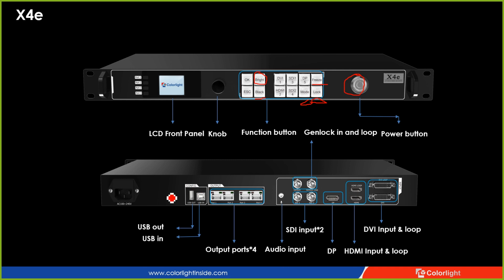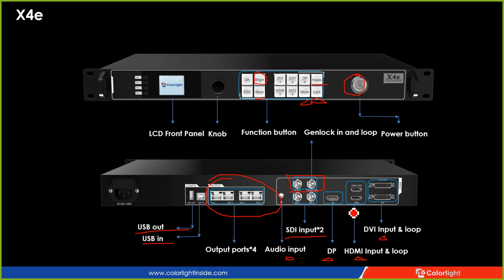And on the back side of the X4E, we see the USB out and USB in, the same function as on the X4S, and 4 output ports. And we added the audio input on the X4E. These two are the Genlock and the Genlock loop. On X4E, we also provide 2 units of 3G SDI, 1 DP, 1 HDMI and 1 DVI input.